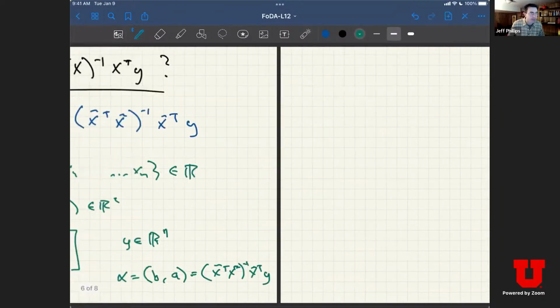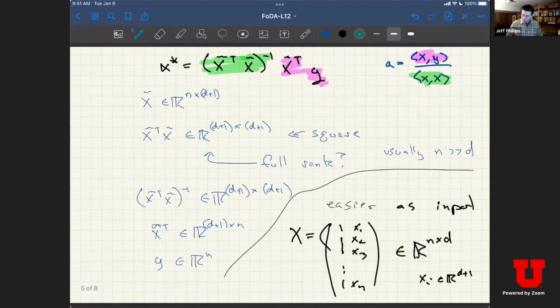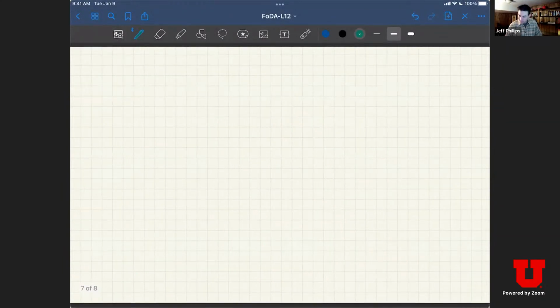I'm still unclear why we need the d+1 offset. What would the problem be if we just ran with d? You can think about this in a one-dimensional setting.